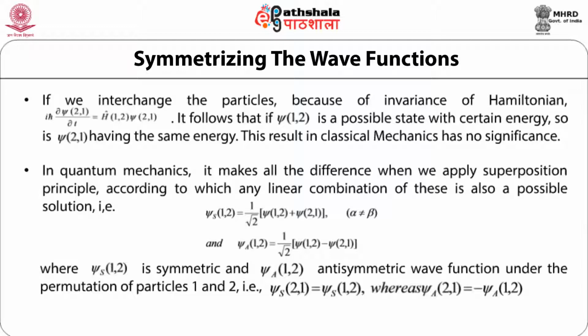Properties of permutation operator. Now, the way in which we have defined our linear combination of the two wave functions: psi12 denotes particle 1 in state alpha and particle 2 in state beta, and psi21 denotes particle 2 in state alpha and particle 1 in state beta.